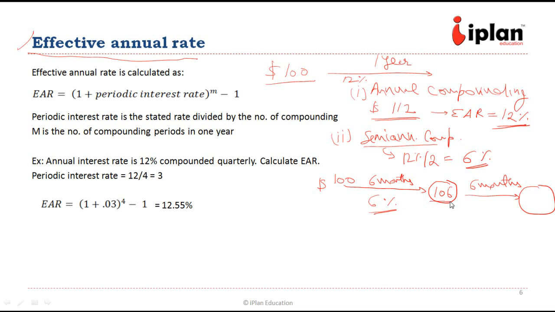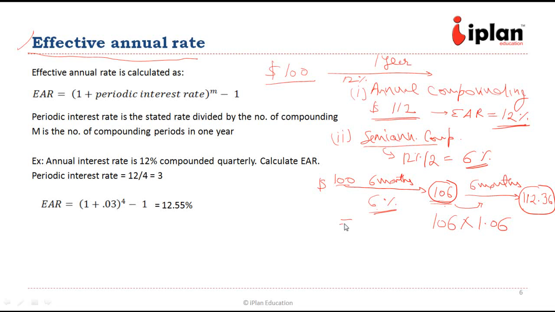Now this 106 has two components here, the principal and the interest. But for further calculation of compounding, the entire 106 plays as a principal. So the next value will be 106 into 1.06, which will come out to be 112.36.